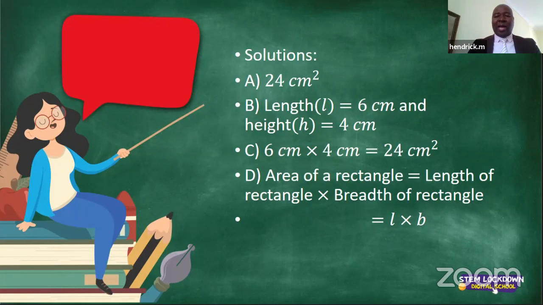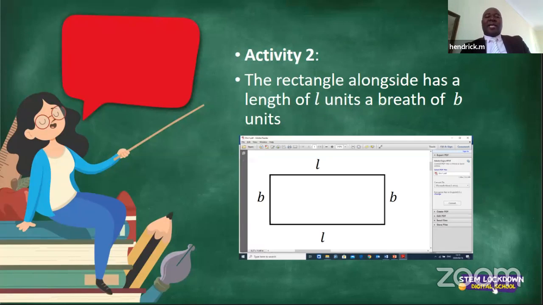Now let's go directly to the next slide. You can see here's an activity. We have the rectangle alongside, which has the length L and the breadth B. You can see that.